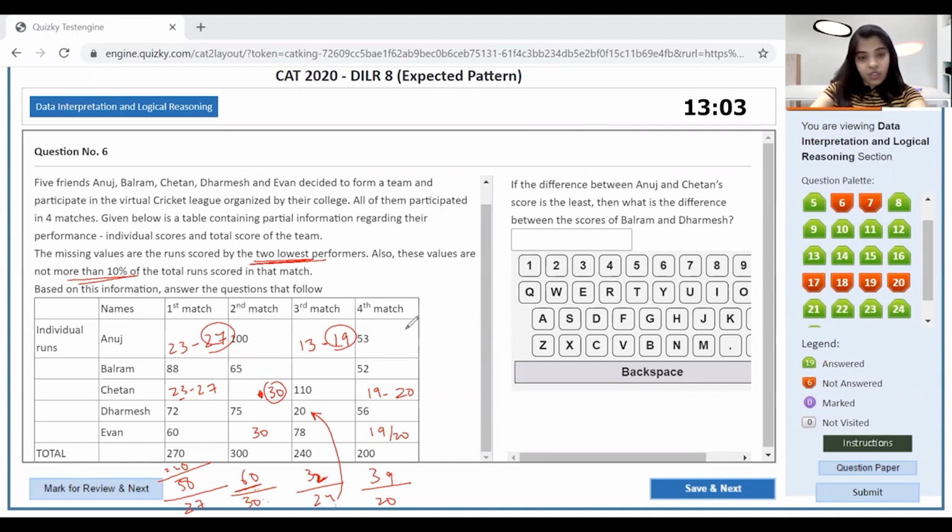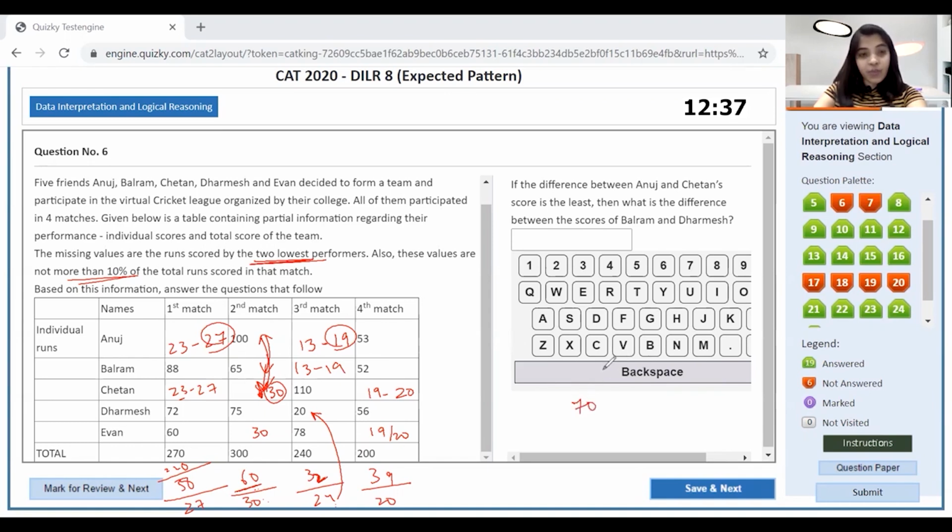So let's have a look at what currently the absolute difference could be. So the current absolute difference is only this. We have Anuj leading by 100 minus 30, 70.